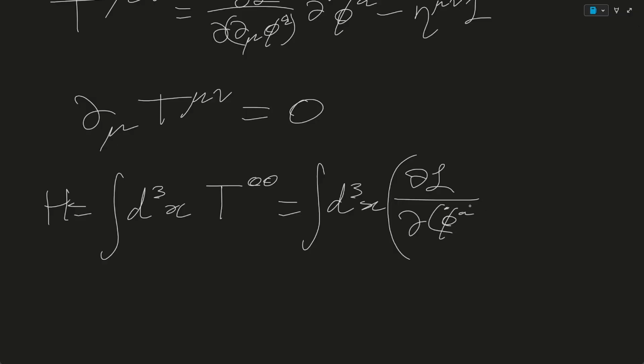I probably should have started using dots quite a while ago. That would have made things a lot easier, but it's important to be specific here. This as being 0, 0 is going to go away, and so we end up with this being the Hamiltonian or total energy of our field, which is grand.